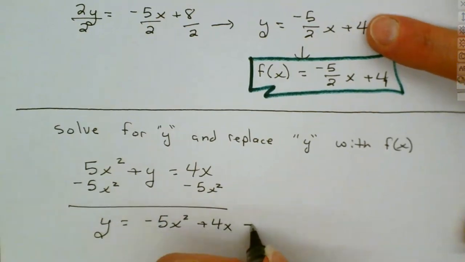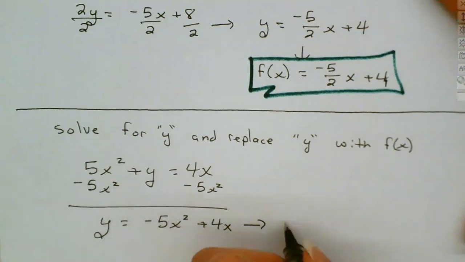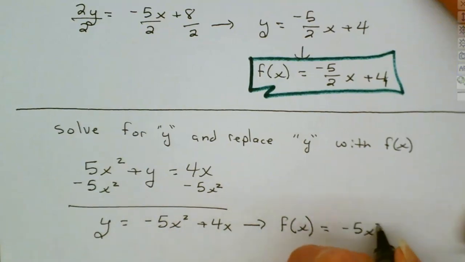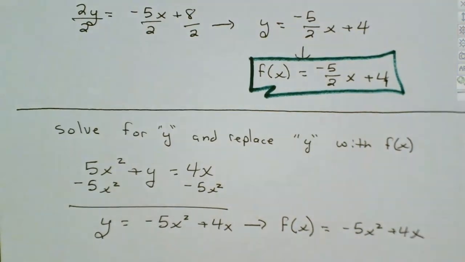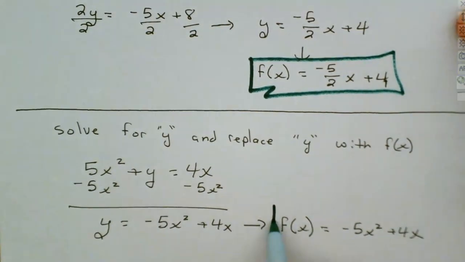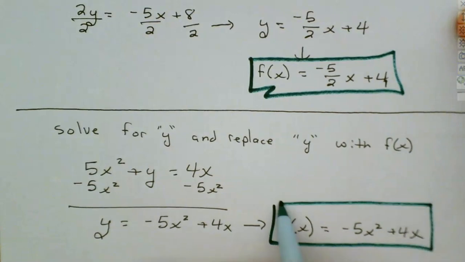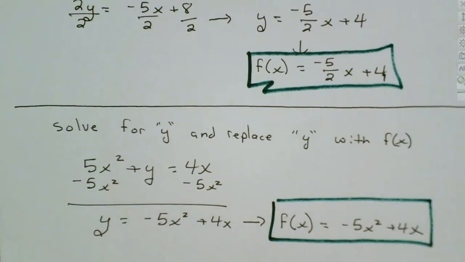And we replace that y with our f of x. So now we've got f of x equals a minus 5x squared plus 4x. And that's all I want there.